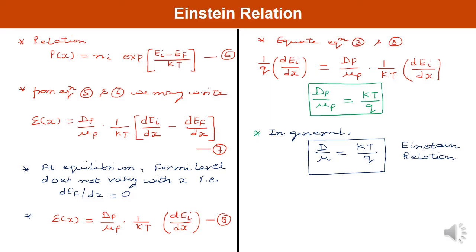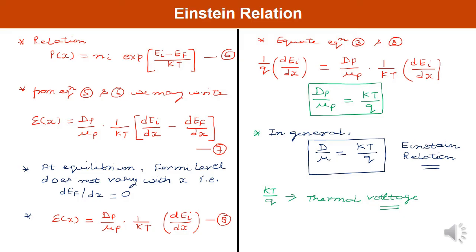You may get various numerical questions also based on this. Here you can see a term which is kT by q. This term is actually thermal voltage. You can note down this also: kT upon q is nothing but thermal voltage. So remember it.